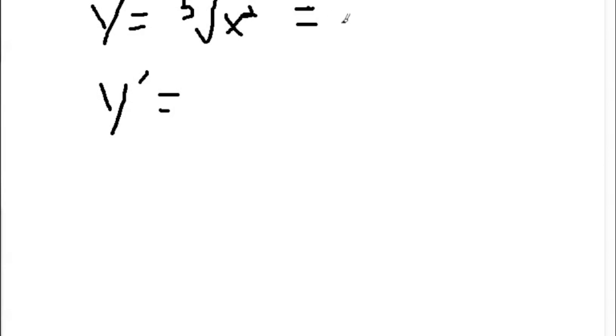Another example, y equals the fifth root of x squared. Remember, you can rewrite this as x to the 2/5.